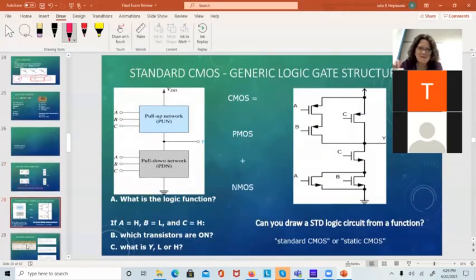Okay, so if I want to actually build a standard CMOS circuit, CMOS is not a type of transistor. It is complementary metal oxide semiconductor. It means I have both PMOS and NMOS in the same circuit. I need the pull down network to pull my signal low to ground when I want it to be low, and I need the pull up network to pull it to VDD when I want it to be high.